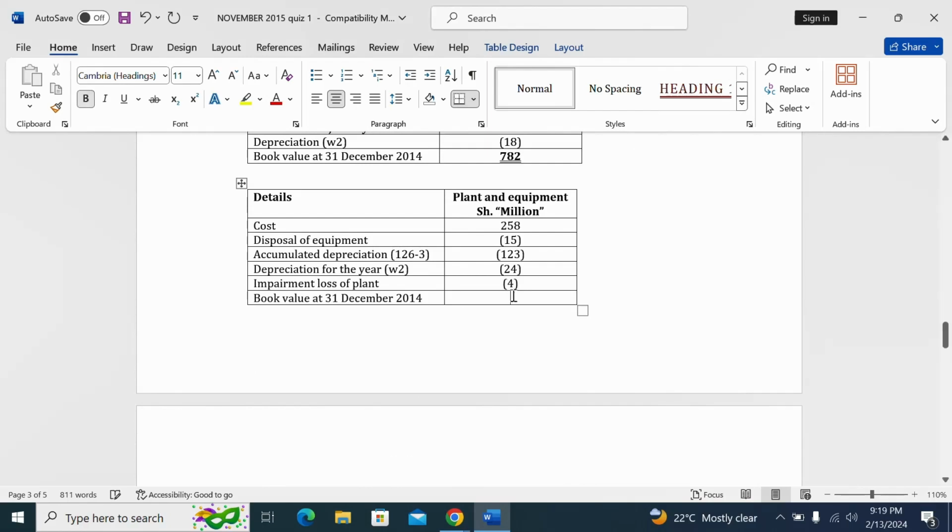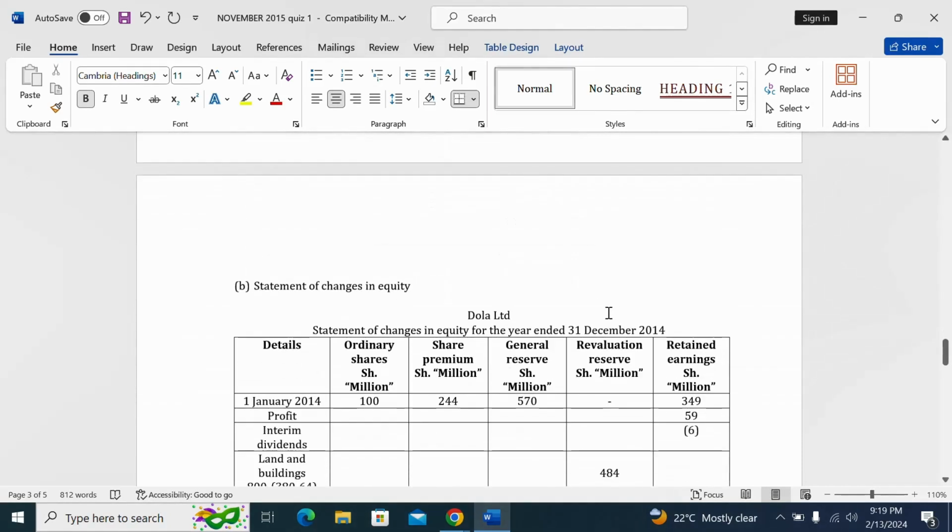If you do that, you are going to get your book value at 1st December 2014: 258 minus 15 minus 123 minus 24 minus 4. You are getting it as 92. And we are done with that.